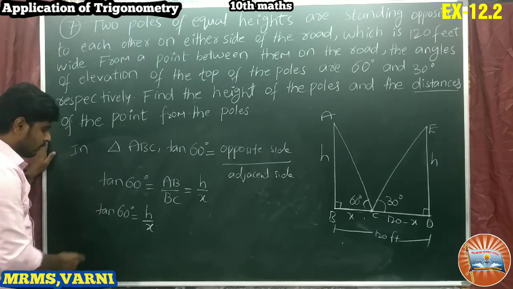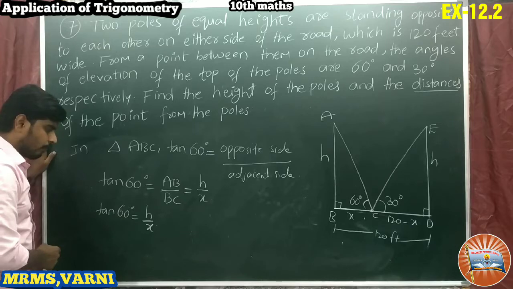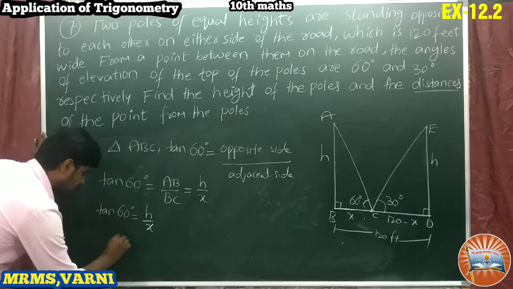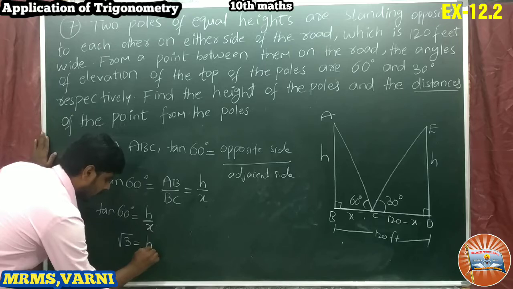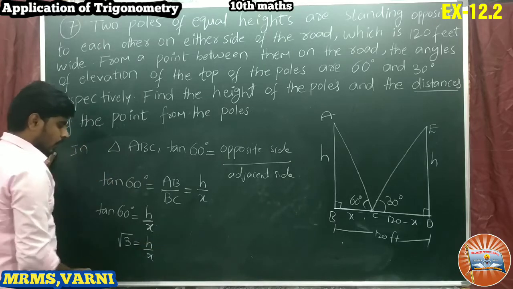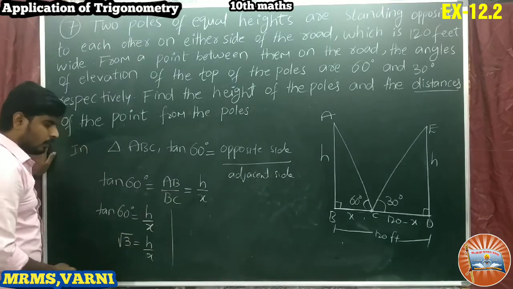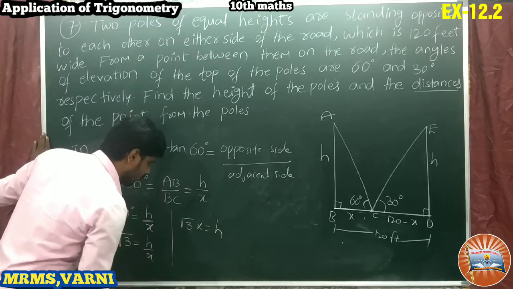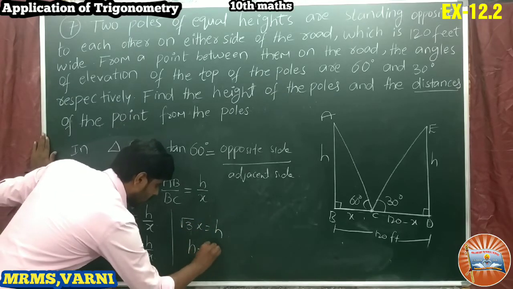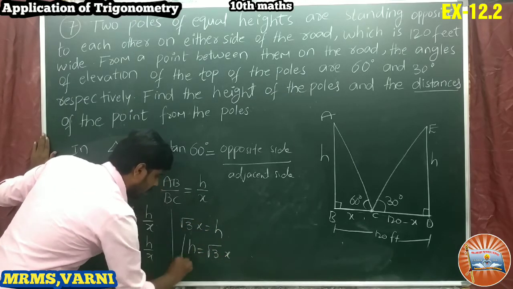What is the tan 60 value? We know that already. That is root 3. I am writing here tan 60 value, H by x, as it is. Take the cross multiplication here. We get root 3 x equals h, that is, h equals root 3 x.